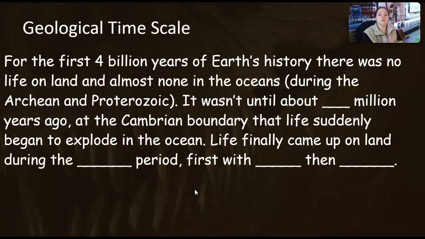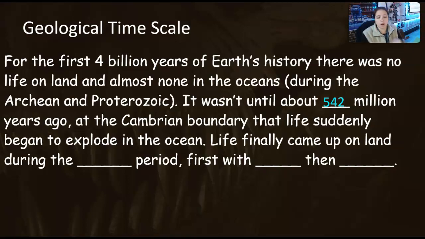So for the first 4 billion years of Earth's history, there was really no life on the land at all. In the oceans, yeah, you had some during the Archean, like the middle to late Archean and the Proterozoic. And then right about there, 542 million years ago, right at that Cambrian boundary, life exploded.